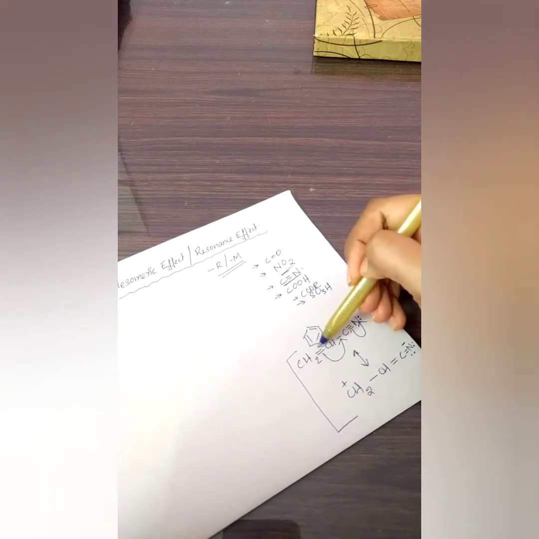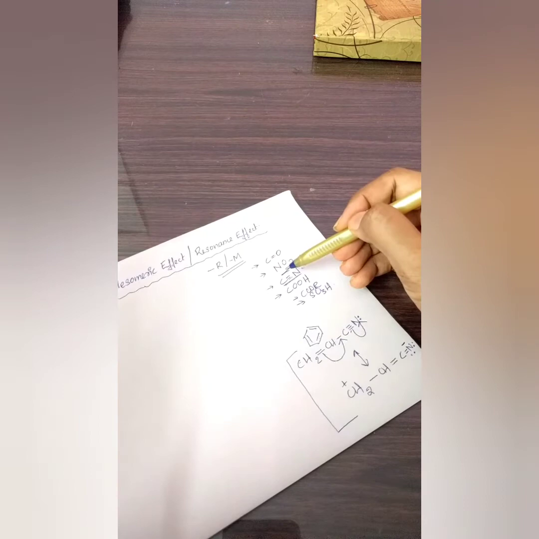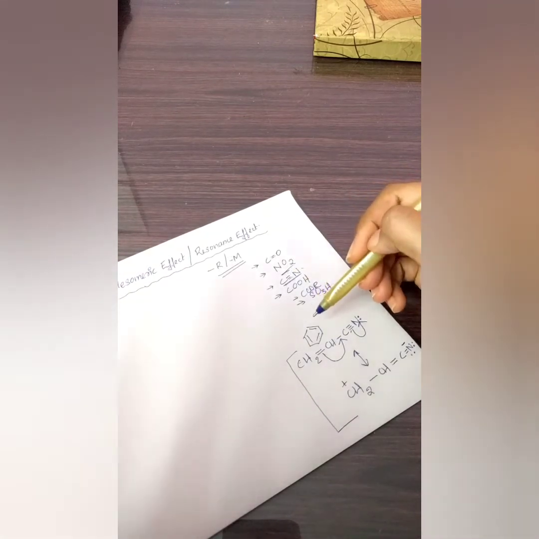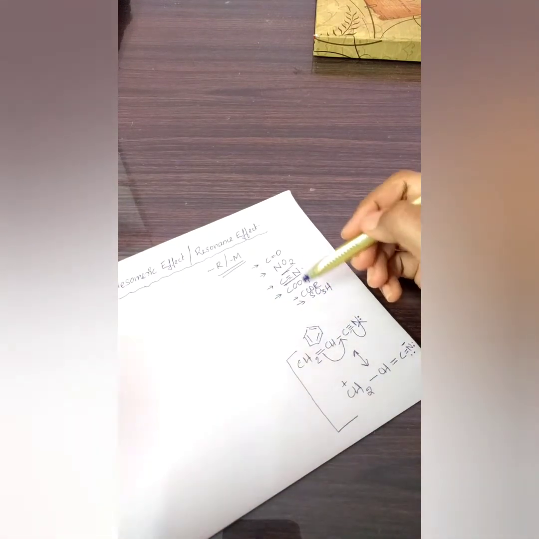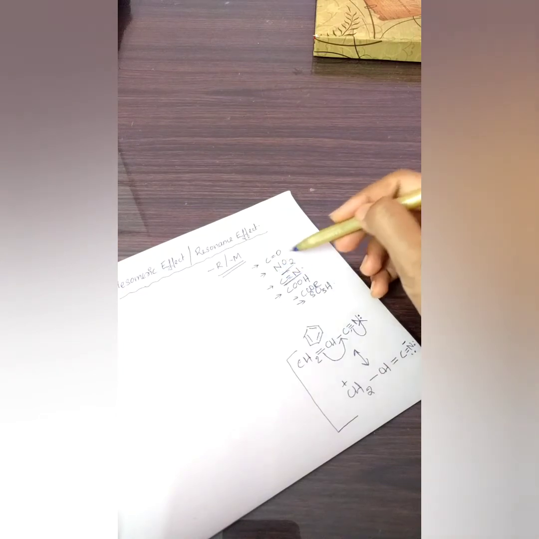Basically the pi electron density of the benzene ring will be taken by the NO2 group, and thus delocalization will be happening and the benzene ring will be less active, and it is basically due to the minus R activity of the NO2 group.